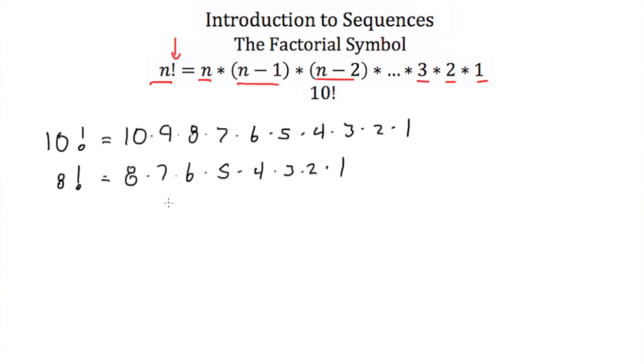So my previous explicit formula, A sub n, that was equal to our first term times n factorial. Now our first term, that was 1. So really, we could say our explicit formula is just n factorial.